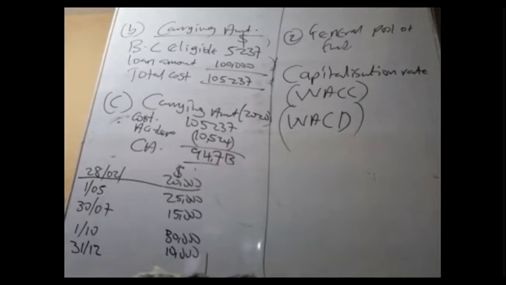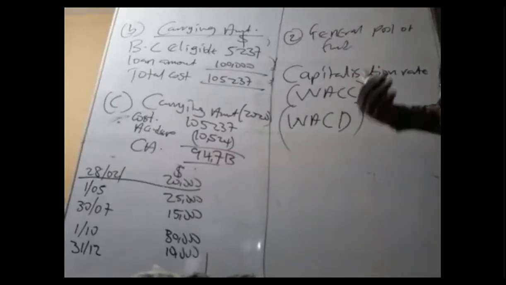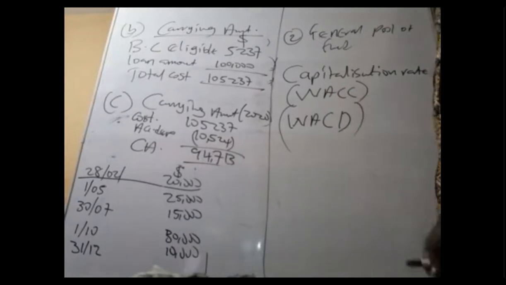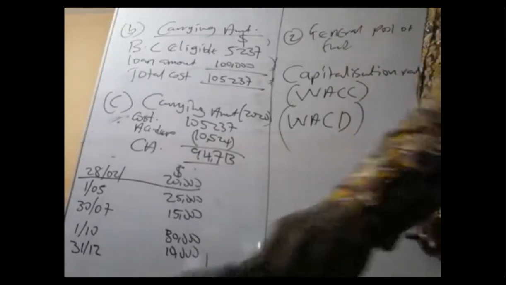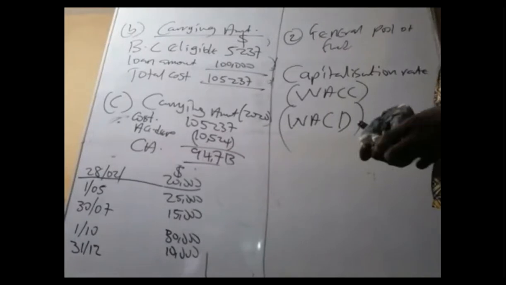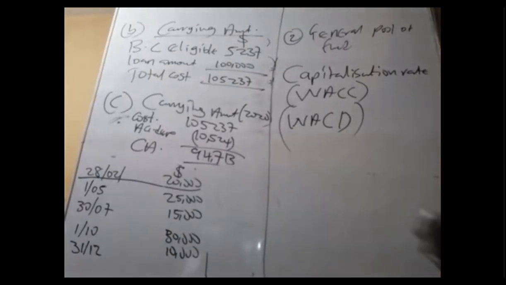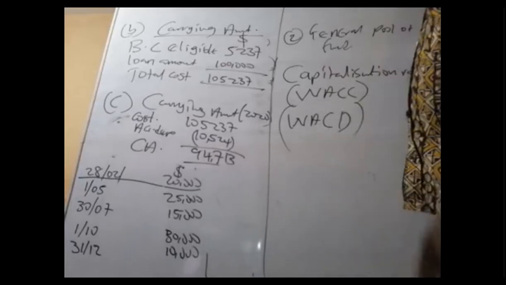Okay, so first you have to calculate the capitalization rate, and that is the borrowing cost. So that is the WACC. That is what we are going to use to calculate the interest. That is all. So now let's go through and see how best we can determine that. Okay, so let's pick a question.